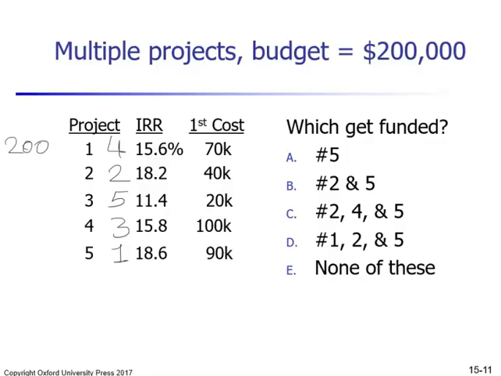I have not made a mistake. 80.6. 2 correct. Correct. 3, 15.8 and 4, 15.6. Okay, now we have ranked them and now we can start assigning our budget. Capital budgeting.